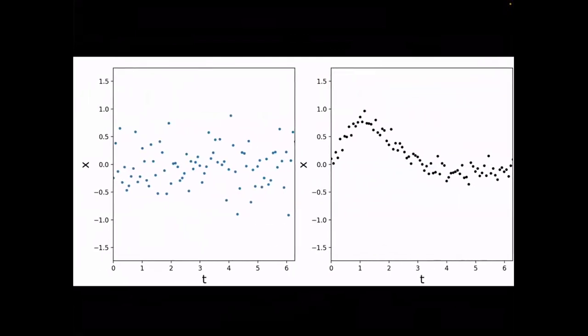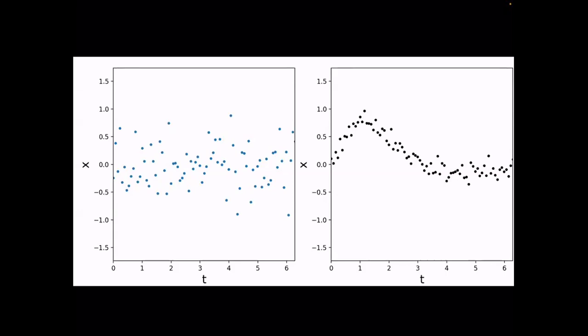So I have two random signals, one on the left in blue, one on the right in black. If you go and calculate the mean and the variance of these two signals, the mean is not actually 0 for the right hand signal, but you can subtract a number to make it 0.